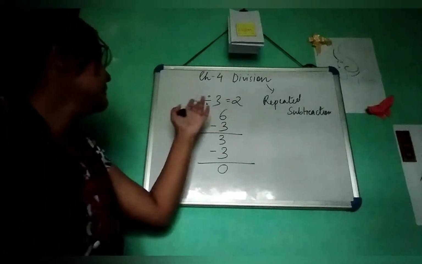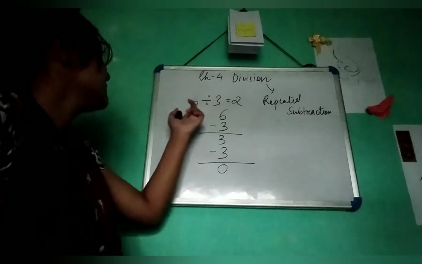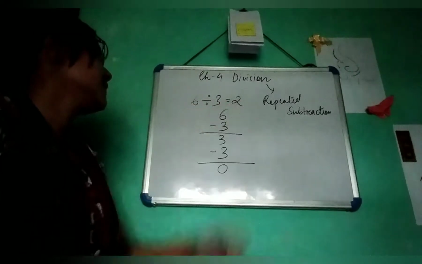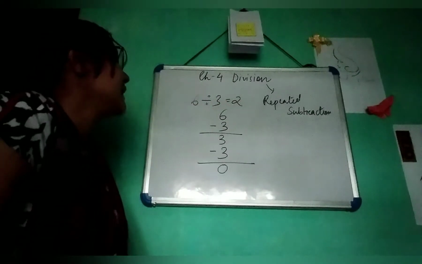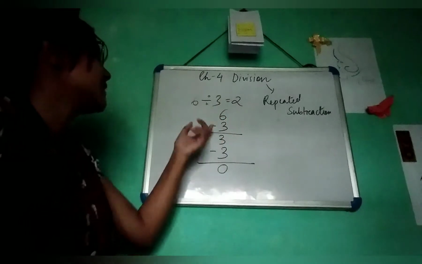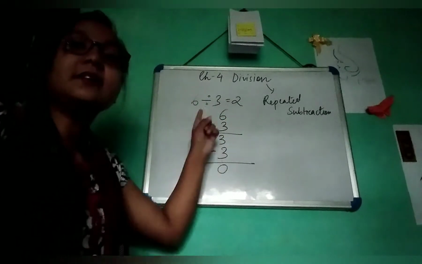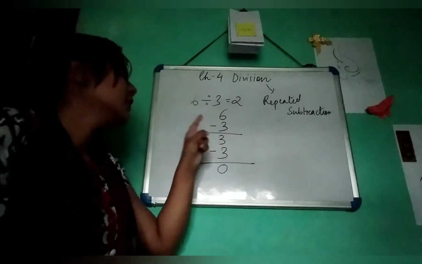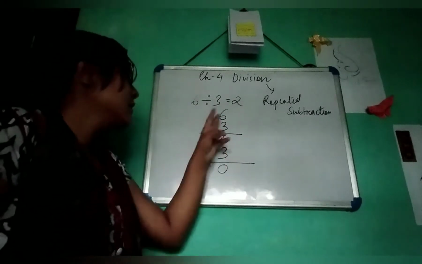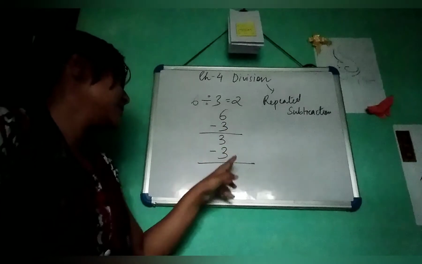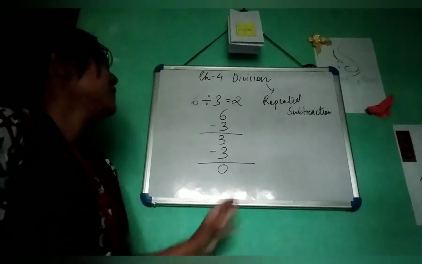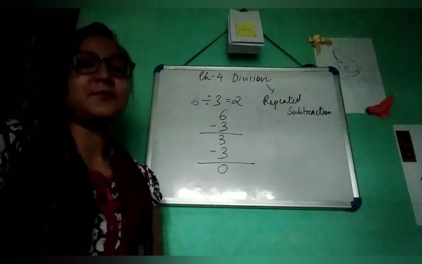So this is the answer. 3 2s are 6, you know, so 6 divided by 3 is 2. So this proves that division is repeated subtraction. We are subtracting 3 from 6, right? 6 minus 3 is 3, 3 minus 3 is 0. So this way it proves that it is repeated subtraction.